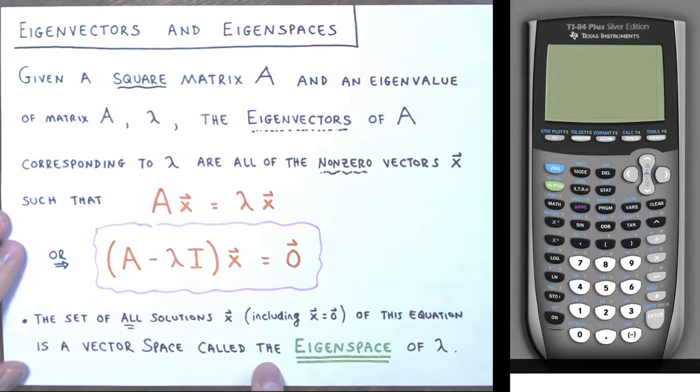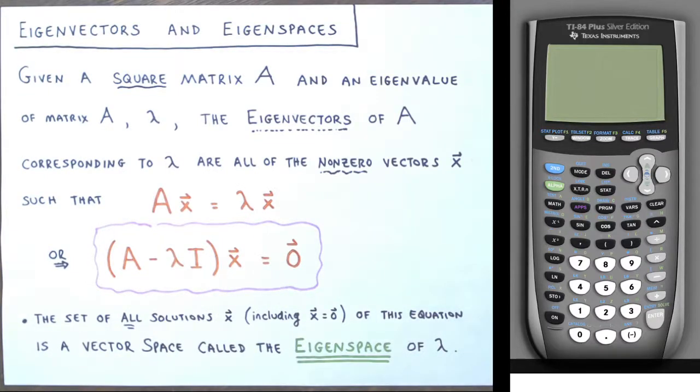This vector space is given the name the eigenspace of lambda, of the particular eigenvalue we're working with. Another way of saying this is that the eigenspace of lambda is all the solutions of this equation. If I find solutions to this equation, I'm basically finding the null space of the matrix A minus lambda I. Remember, the null space of a matrix was all the vectors that you could multiply that matrix by to get the 0 vector. That's exactly what's happening here.